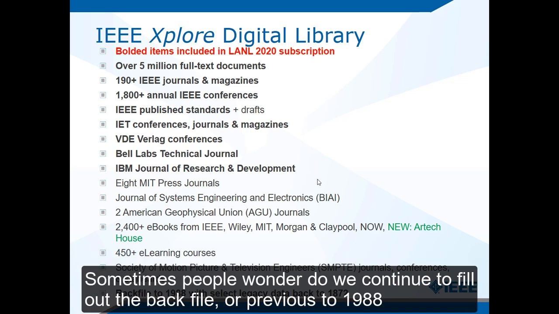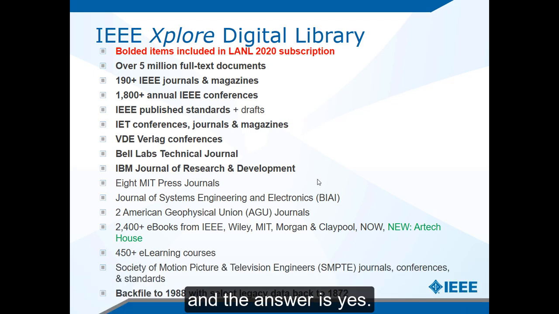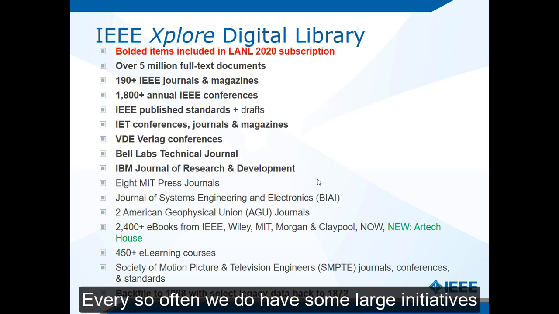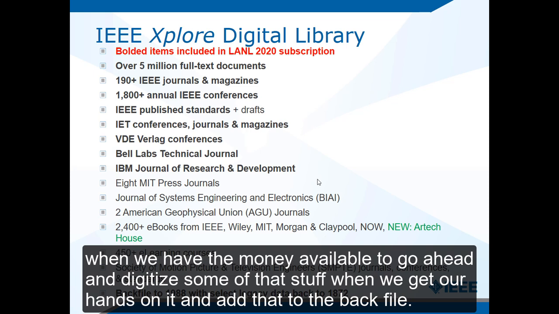Sometimes people wonder, do we continue to fill out the back file previous to 1988? And the answer is yes. Every so often we do have some large initiatives when we have the money available to go ahead and digitize some of that stuff when we can get our hands on it and add that to the back file.